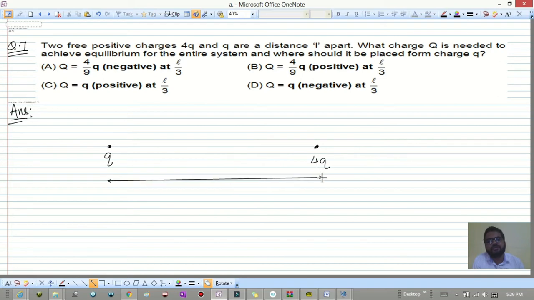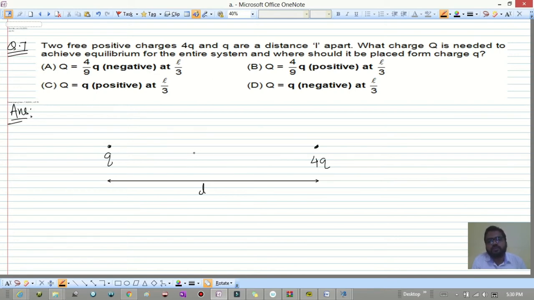Okay, so charge q is placed and the charge 4q is placed at a distance L apart, right? So the distance between these two is given, and that is L. Now, what charge Q is needed to achieve equilibrium for the entire system? We want the entire system to be in equilibrium.